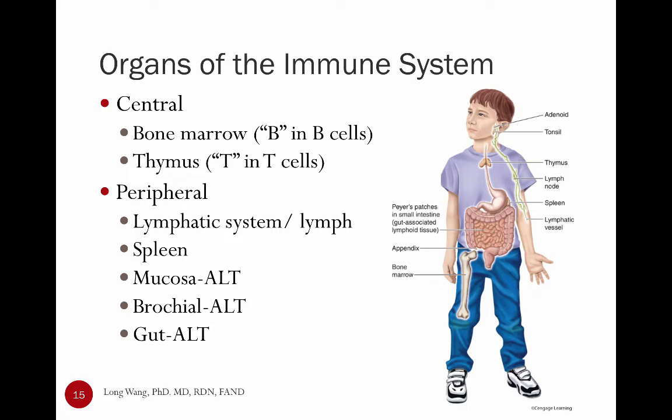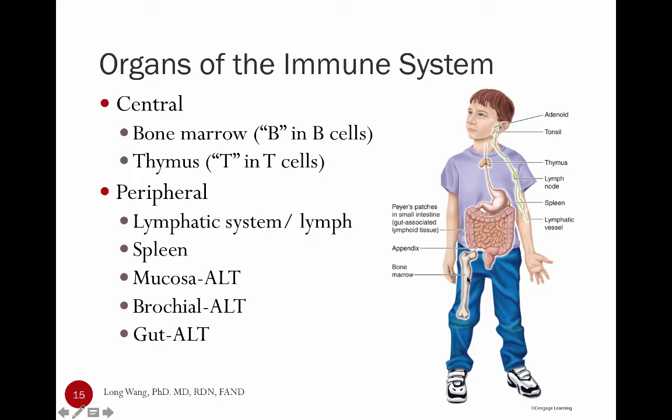For example, the GI tract, although very long, is one single tube, narrow or wide at the different sections, but one continuous tube. However, if you look at the central organs of the immune system, the bone marrow and the thymus, they are very far apart, right? This is the thymus behind our sternum bone in the chest cavity, and then we have the bone marrow here.